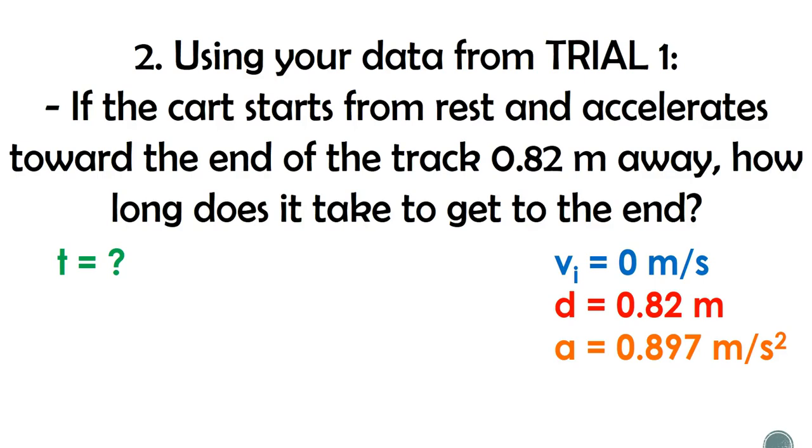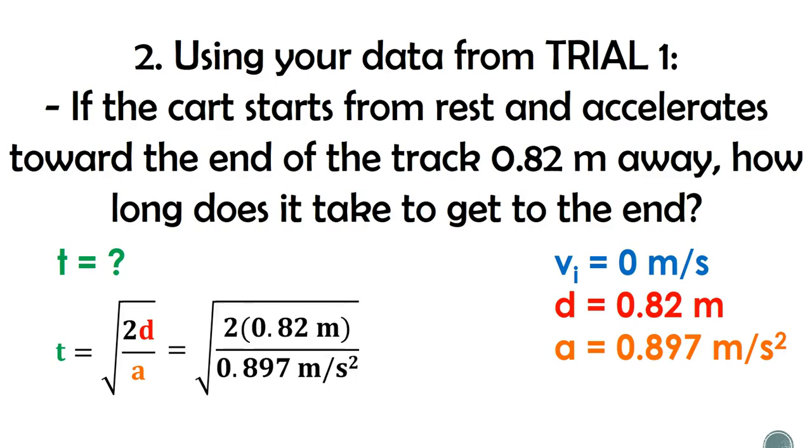We look at our equation sheet and we see that the only equation we can use is the square root of 2D over A. Plug in our numbers, and I get 1.35 seconds. Your result should be in that same kind of range, somewhere in the 0.8, 0.9 seconds up to maybe 1.5, 1.6. If you're too far away from that, you might want to go back and double check your math.